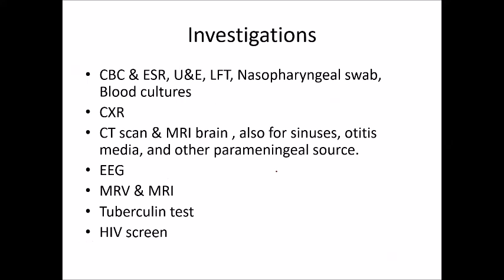And then after that, you will generally order these investigations: complete blood picture, ESR, urea and electrolytes, liver function test, take a nasopharyngeal swab, not an oropharyngeal swab, a nasopharyngeal swab, and blood culture.